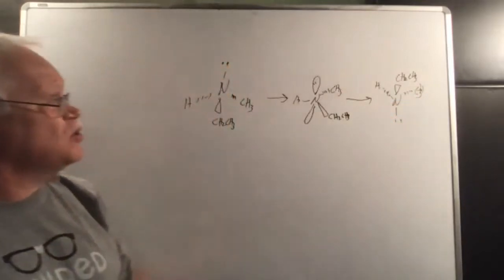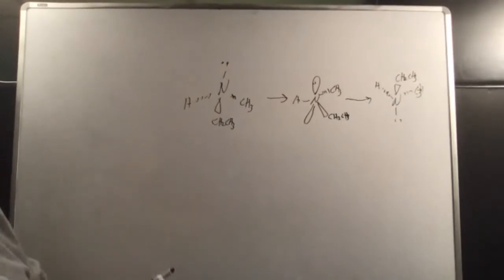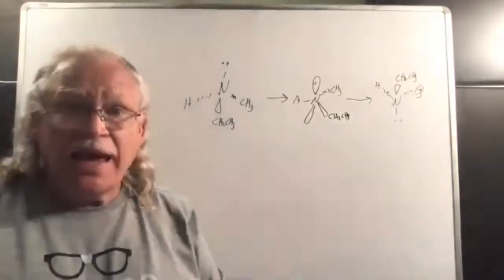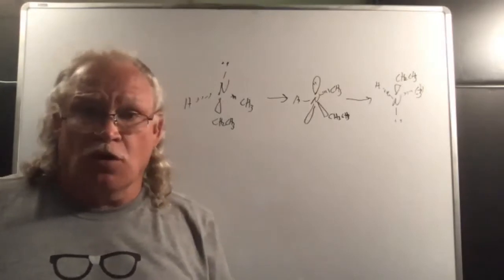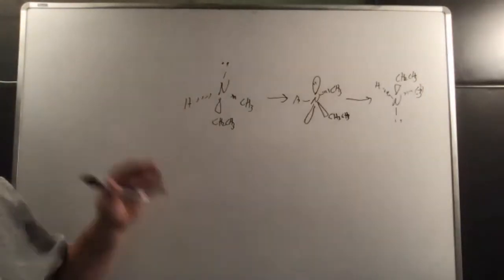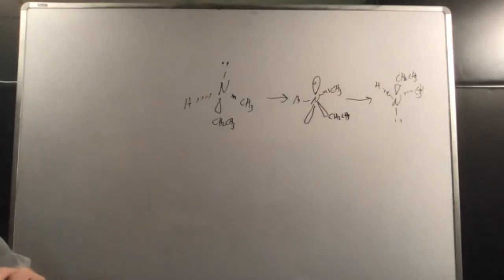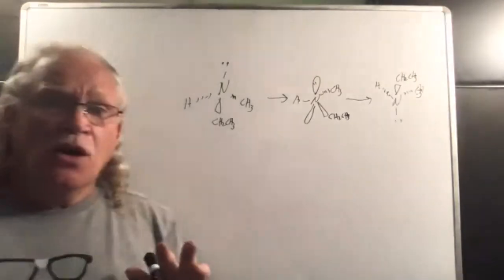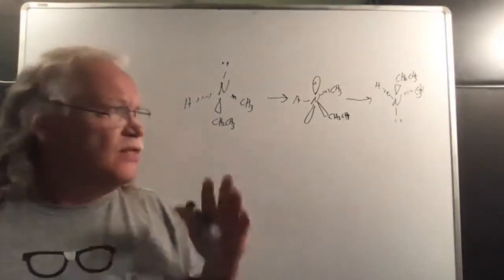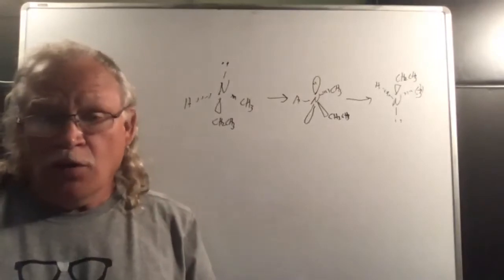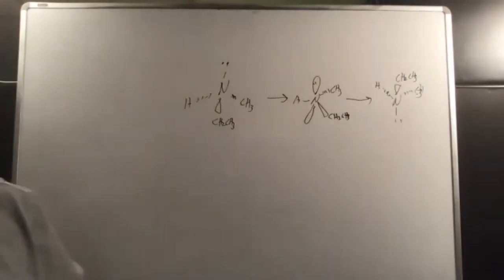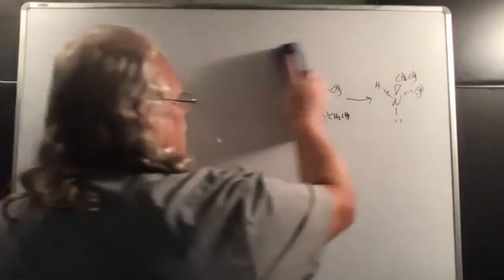And if you notice what has happened, it's inverted. We can think of that as sort of an umbrella turning itself inside out in a windstorm. Okay? So because the lone pair is not large enough to hold its space, we can say the following. This compound is not chiral.